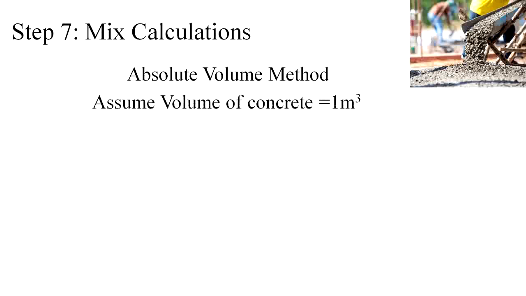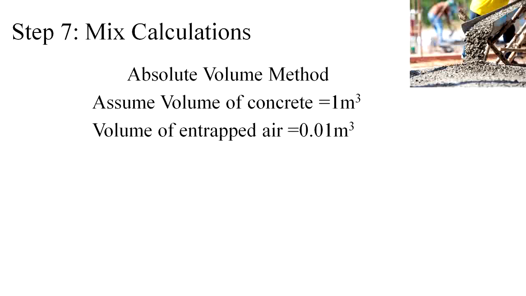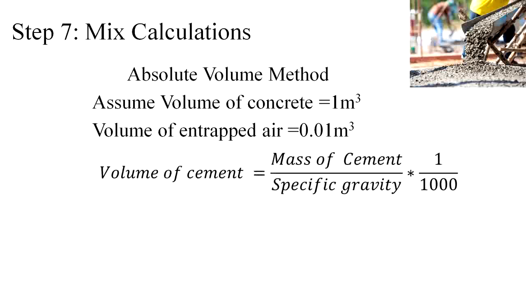Next, we will move on with the mix calculations. We are using the absolute volume method to calculate the mix design. So, we are assuming 1 meter cube of total volume of concrete. We know the volume of entrapped air as 0.01 meter cube.